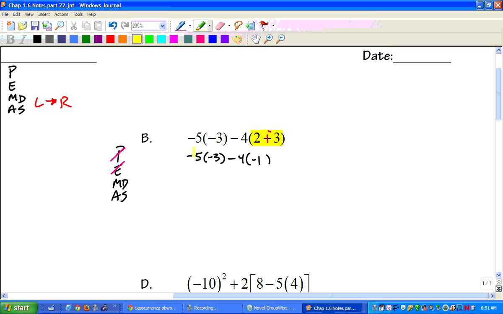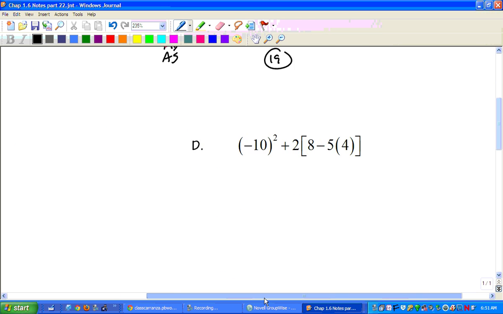No exponents today. We do have multiplication and division, and we have that twice. So this gives us 15. On the back side, we're going to get negative 4 times negative 1, which gives us positive 4. Add those guys up, and you get 19.